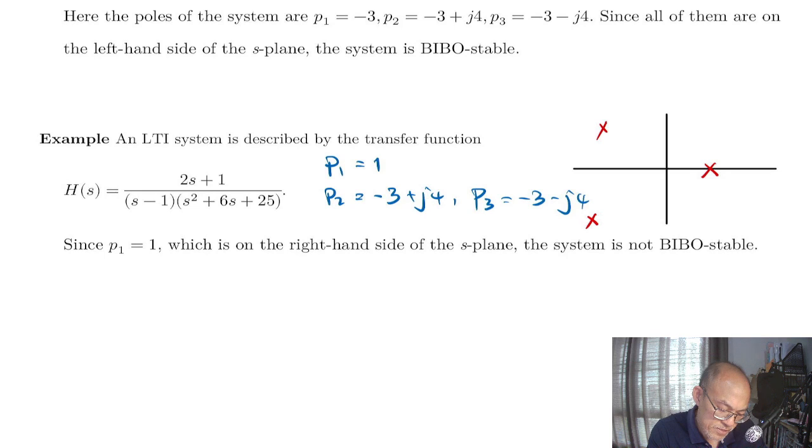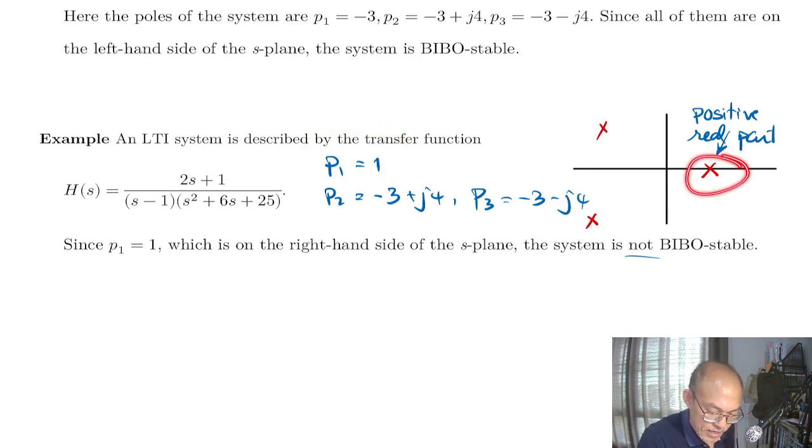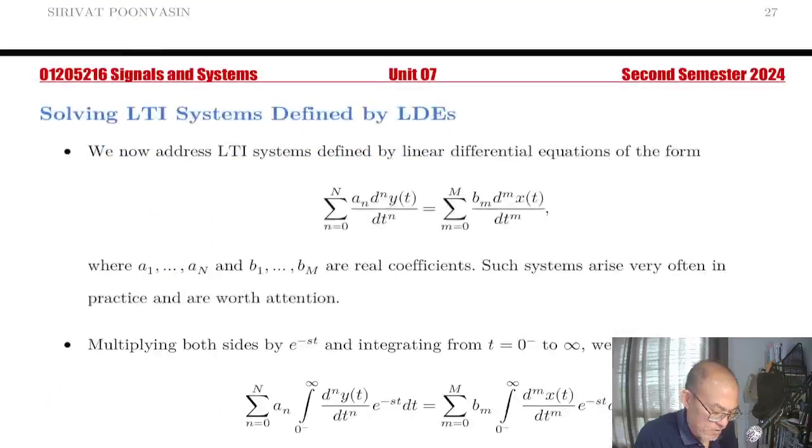So, because of this, this system is not stable. The system is not stable because of P1. This is on the right-hand side, right? So the system is not stable.